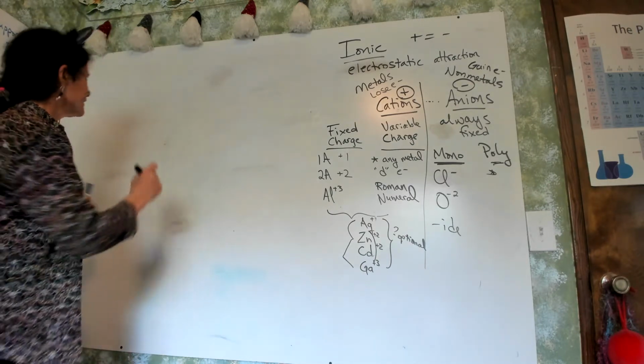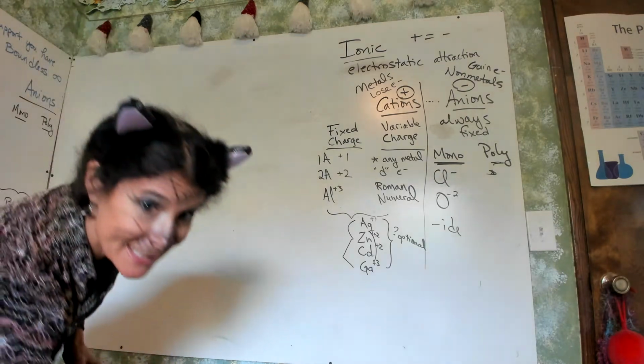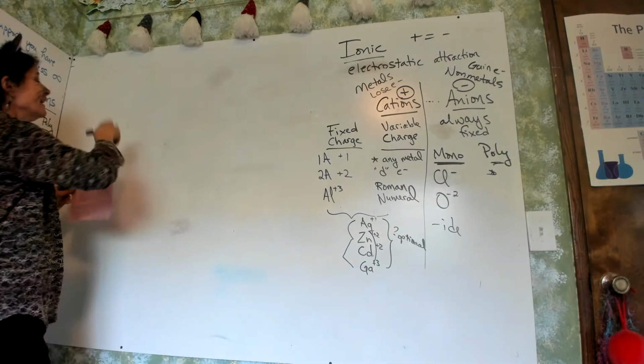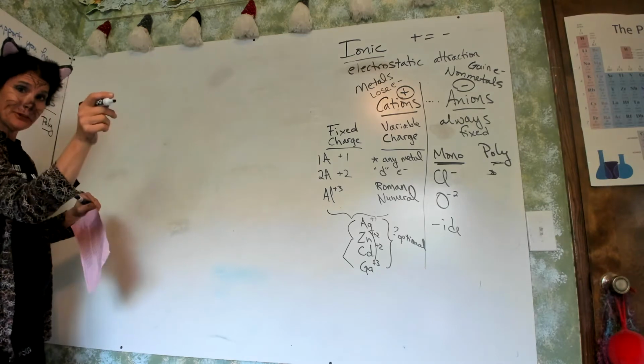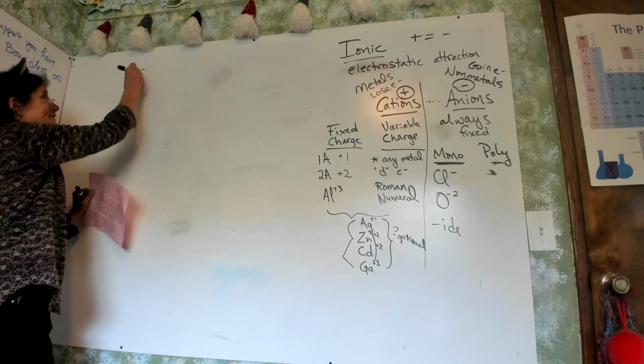Teacher has to think. Let's just use the periodic table to think better. I'm going to give you the names. You're going to write the compounds. Write the ions first.